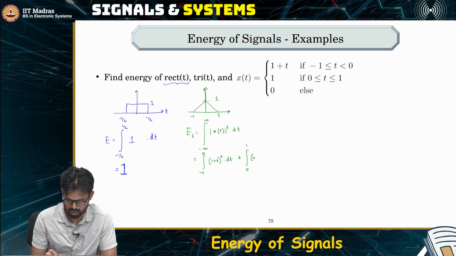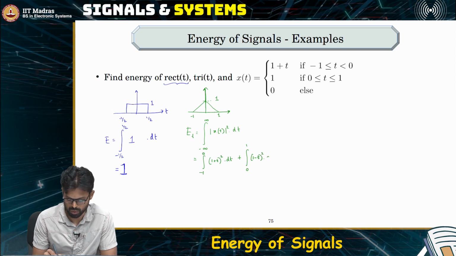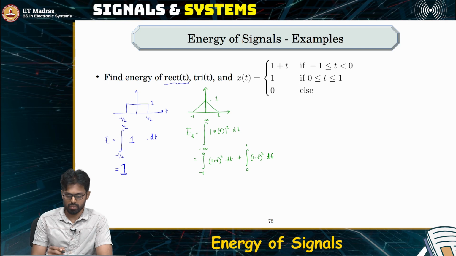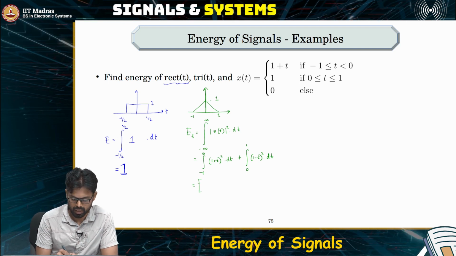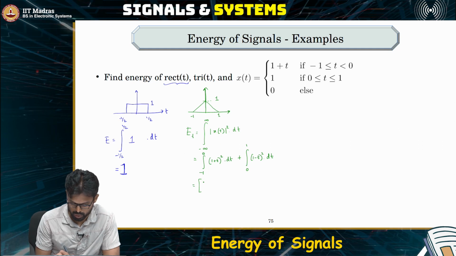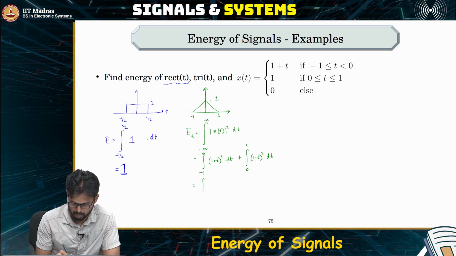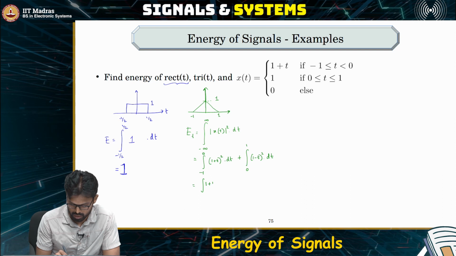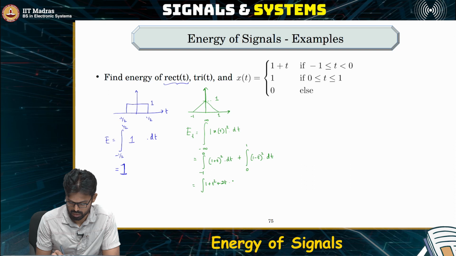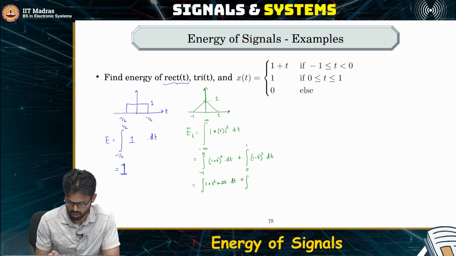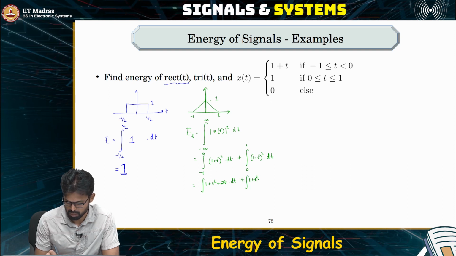In this interval it is 1 minus t whole squared dt. Okay. Let's solve this. When you integrate this, what do you get? We get 1 plus t squared plus 2t, and 1 plus t squared minus 2t.